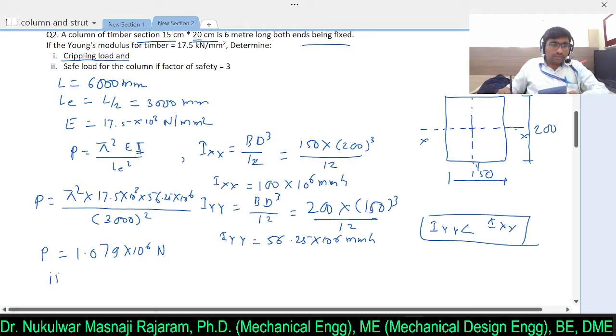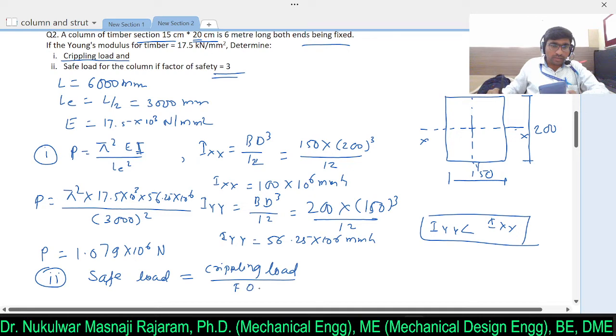Now here the second condition we need to evaluate, that is the safe load for the column if the factor of safety is 3. So always the safe load, or we can say design load, is equal to the crippling load which you have evaluated divided by the factor of safety. So whatever value we have evaluated, that is 1.079 into 10 raised to 6 divided by the factor of safety, given as 3.